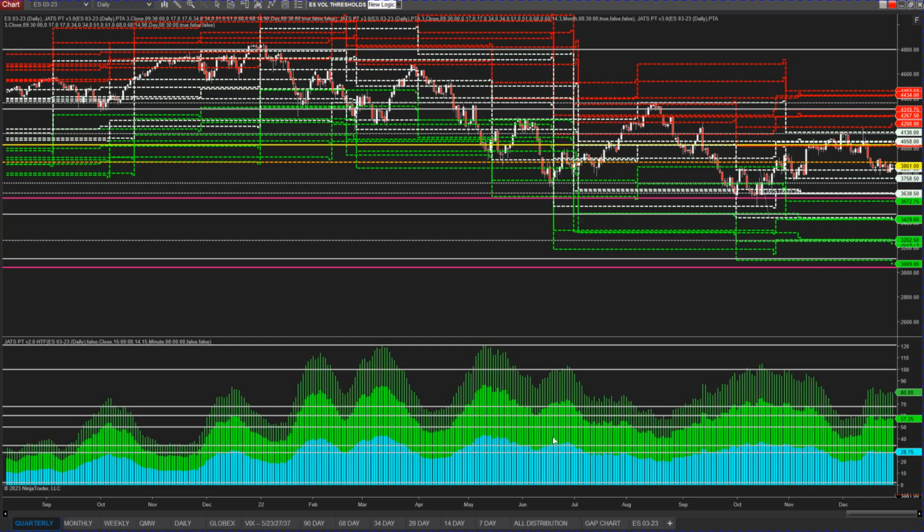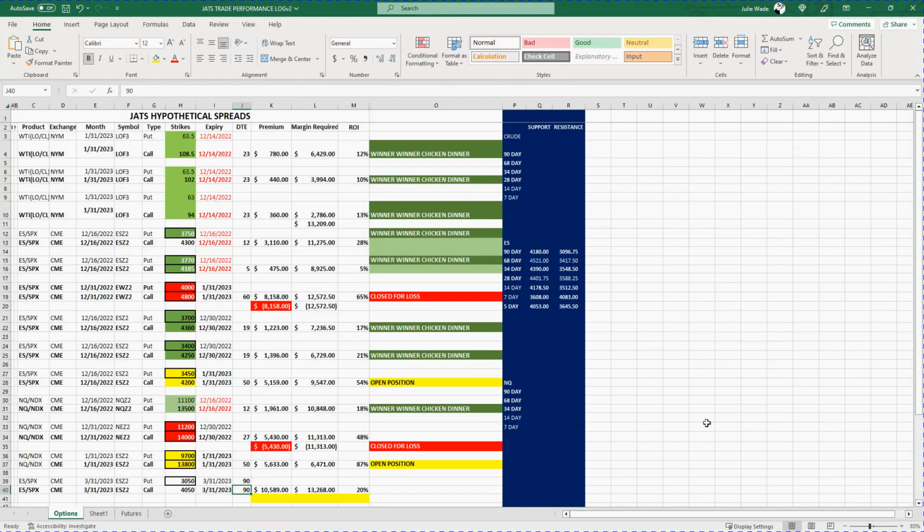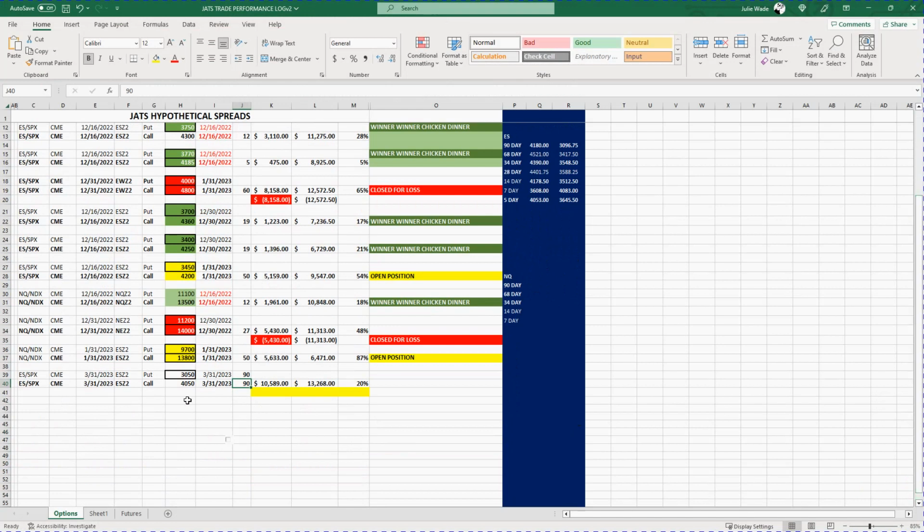You can get some good premium. So I put an extra premium on my sheet. March 31st, sold a put at 30.50 and sold a call at 40.50, and am collecting 10,589 in premium.